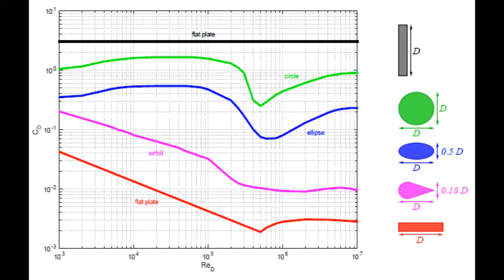Then a stretched out circle into an ellipse, a more streamlined airfoil shape, and then the red line for the flat plate horizontally. That's again the same figure we would have seen from the flat plate lessons. So the laminar part is a straight line up to 500,000, 5 times 10 to the 5th, and then the turbulent part takes over, the curved part of the line that's bigger than 10 to the 5th.